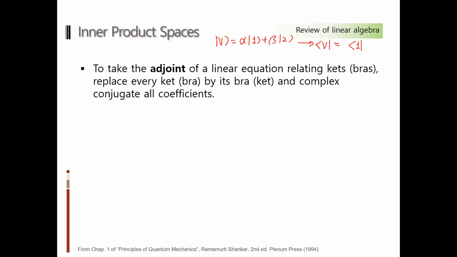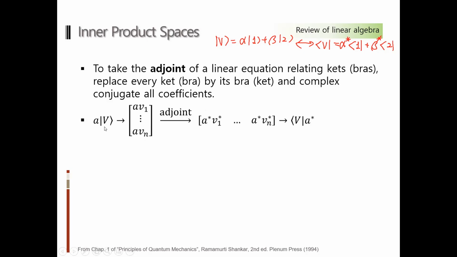So this one ket will become a bra, and at that time alpha should become its complex conjugate, and then also the |2> ket will become a <2| bra, and at the same time the coefficient will become the complex conjugate of its own value. And then again, when we are taking the adjoint of this bra, everything will become reversed.